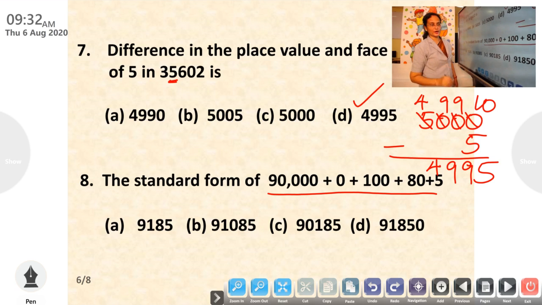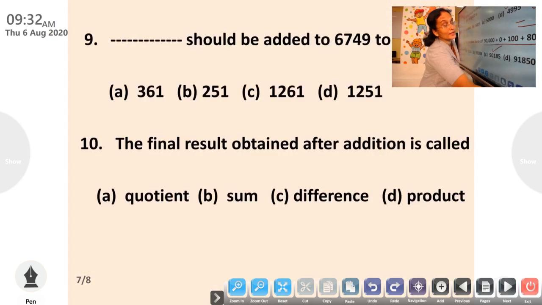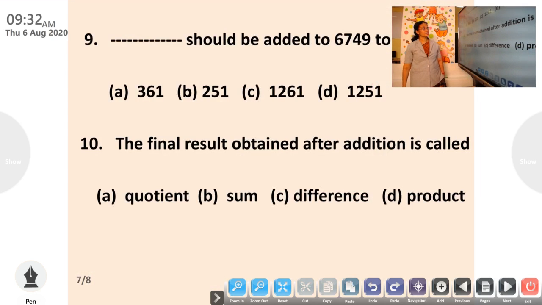And 1's place is 5. So what is the answer? Thousands place should be 0. There is only one number in these 4 choices whose thousands place is 0. So 90,185. C is the correct choice. The short form or the standard form is 90,185.